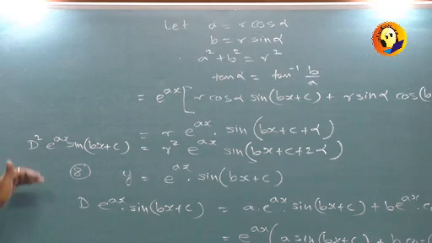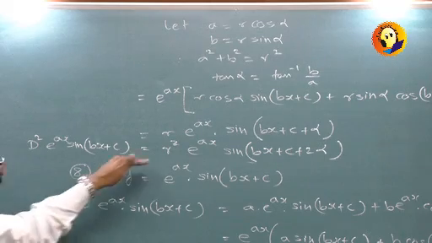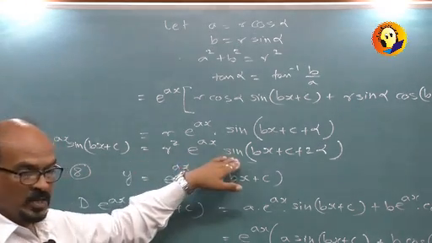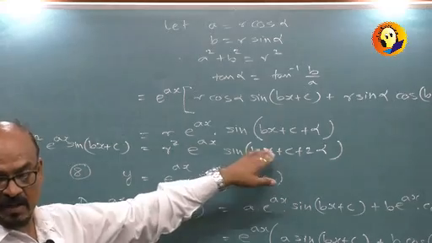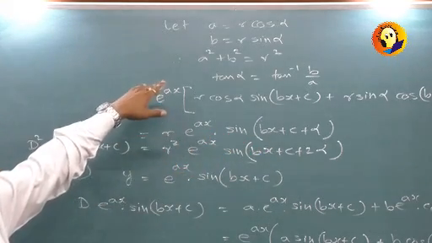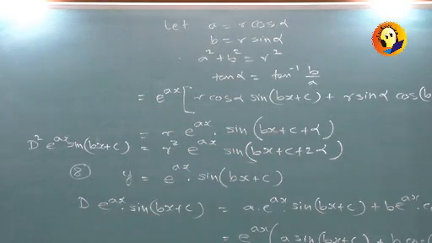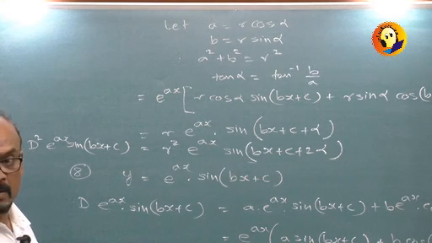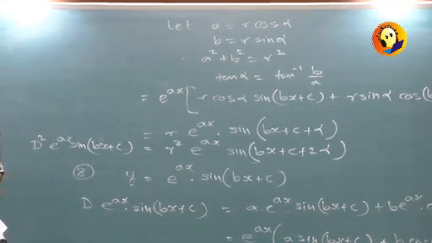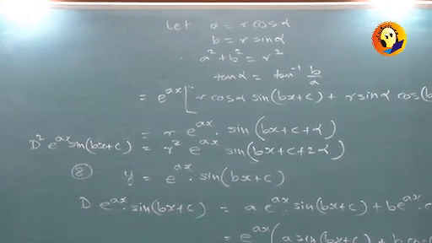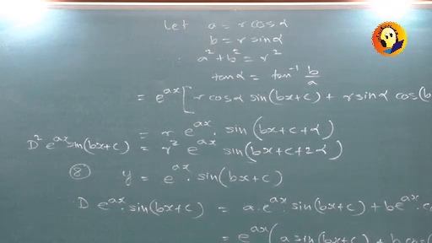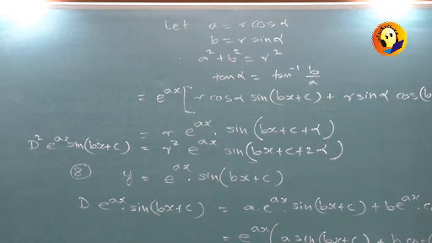And we can write nth derivative as r raised to n e raised to ax sine of bx plus c plus n alpha, where r is root of a square plus b square and alpha is tan inverse b by a. Right? Make a note. And all these 8, 9 formulae you will have to remember, because all the next problems will be based on that.